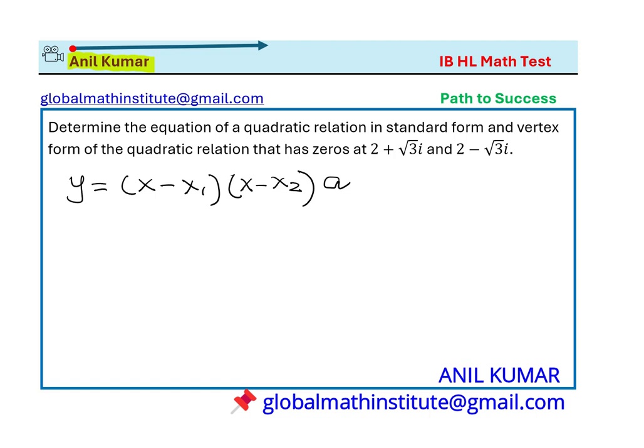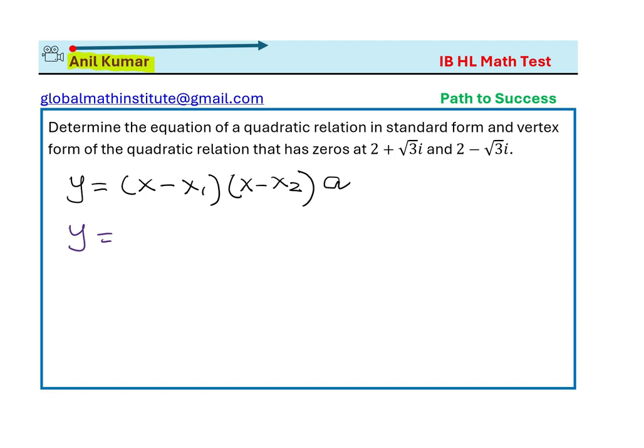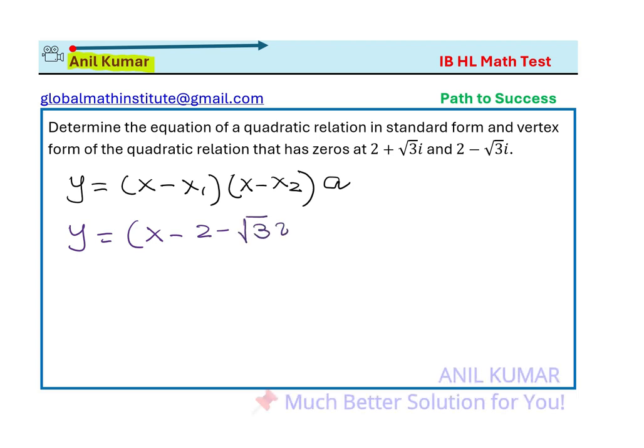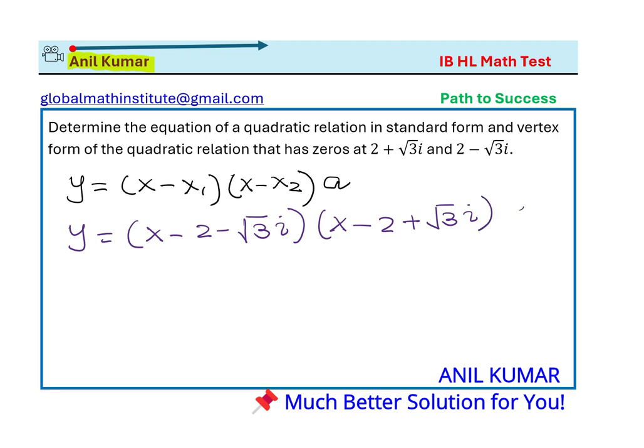If you use the standard technique, you will come across this as x minus, so let me do, 2 minus square root 3 i, right, times x minus 2, and when you do minus of this, it becomes plus square root 3 i, times a.